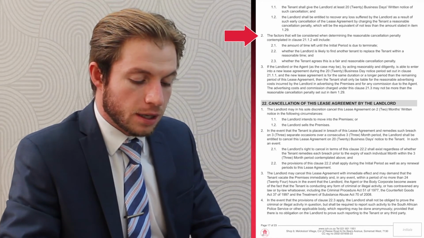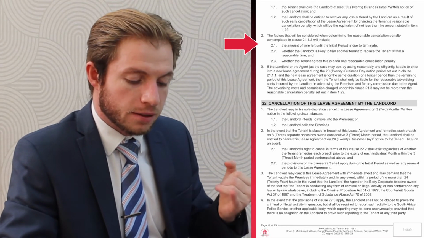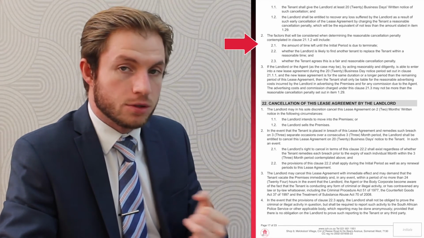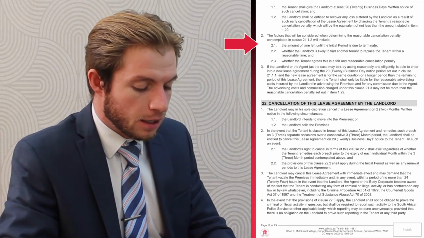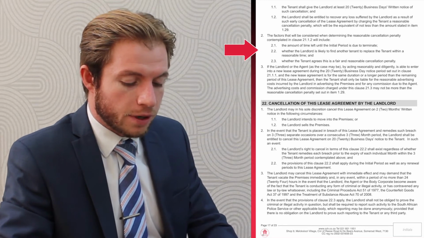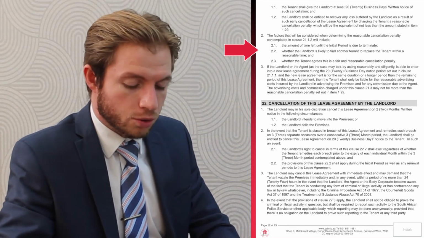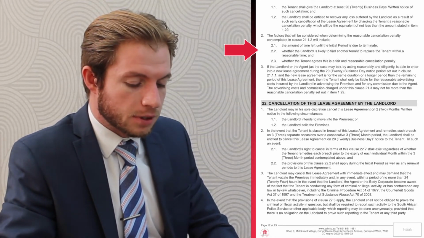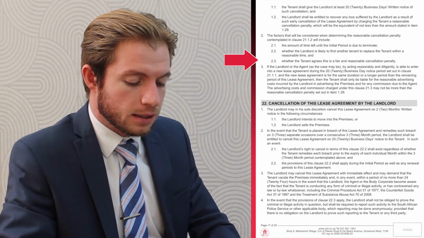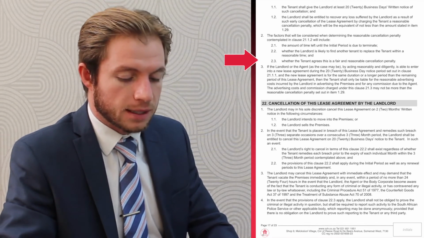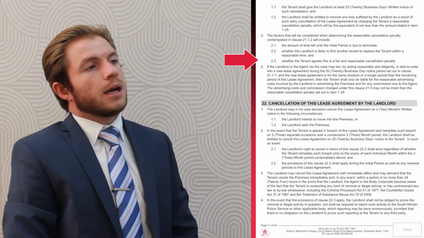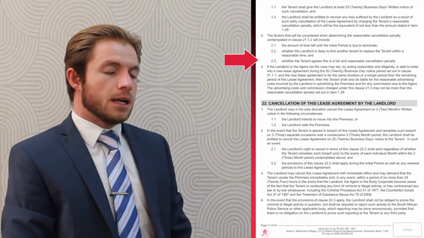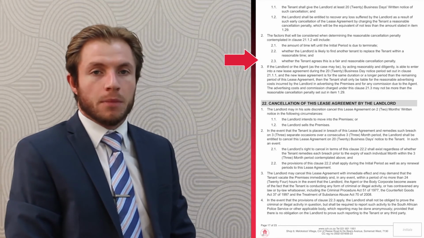It will include the amount of time left until the initial period is due to terminate, meaning in our example there's still 10 months left, whether the landlord is likely to find another tenant to replace yourself within a reasonable time, and whether the tenant agrees this is a fair and reasonable cancellation penalty. In practice, a reasonable cancellation penalty is usually 1 month's rental.